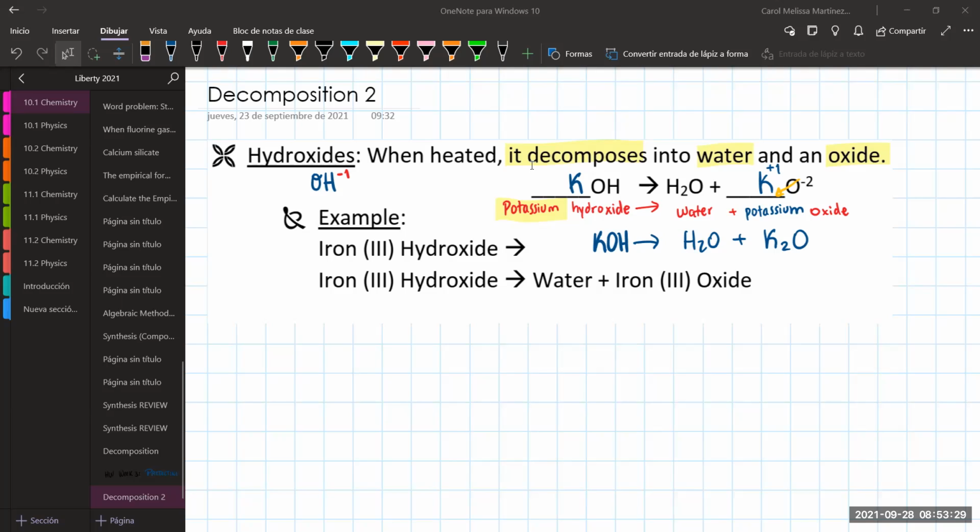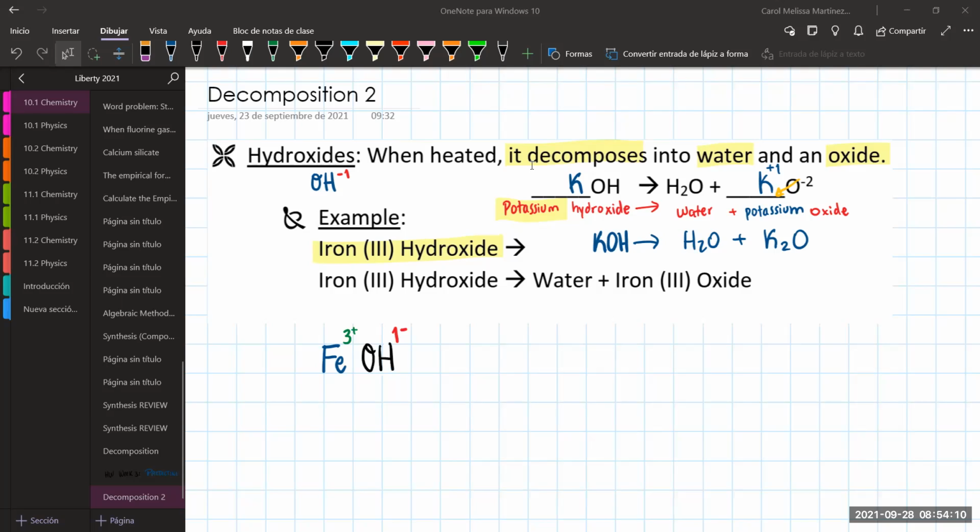Now, let's take a look at another example. It says iron 3 hydroxide. It is written in words. Iron 3 is nothing more than iron with a charge of positive 3. And hydroxide, as I told you, is an ion, OH, and it has a charge of -1.